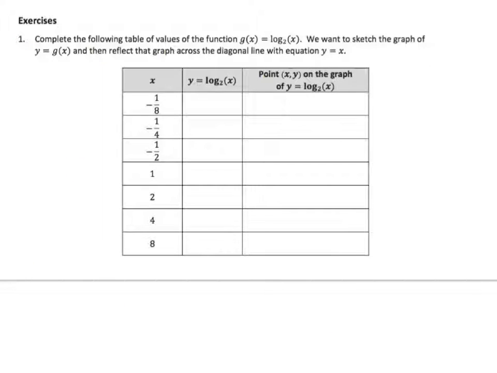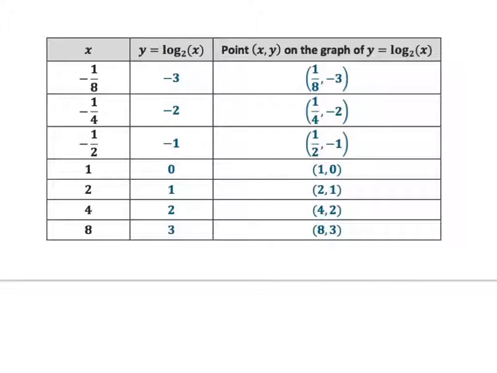Okay, let's try our first exercise. Complete the following table of values of the function g of x equals log base 2 of x. We want to sketch the graph of y equals g of x and then reflect that graph across the diagonal line with the equation y equals x. Ta-da! We have the xy values that we would use to graph.